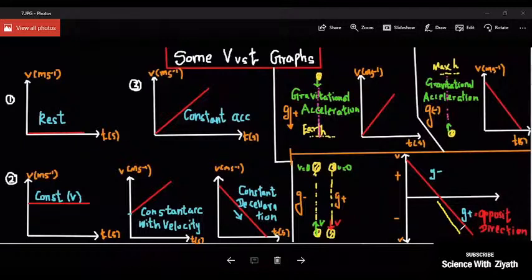So if you are connecting a mobile phone, you turn it back. If you turn it, idu mele pora maayikkum, which means this is the opposite direction, and that is gravitational acceleration positive. And the velocity time graph is in the opposite direction.